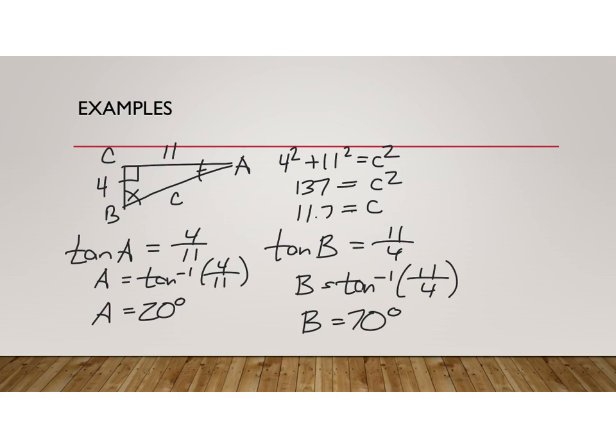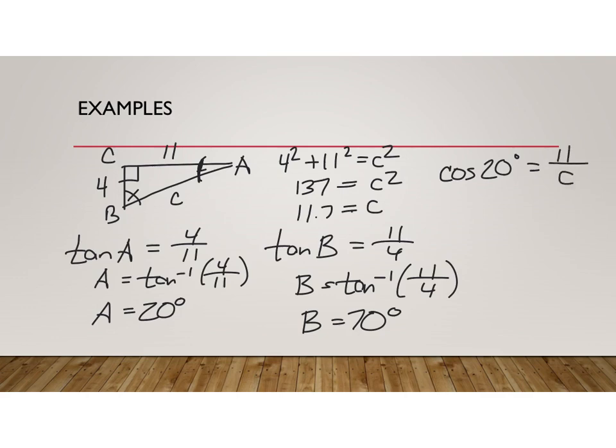If you wanted to use trig, you'd have to use some of the angles. So if I use angle A, which I found to be 20 degrees, I'm trying to find the hypotenuse, and I know opposite and adjacent. So let's use 11 here. So I would use cosine. Cosine of 20 degrees would be adjacent over hypotenuse.